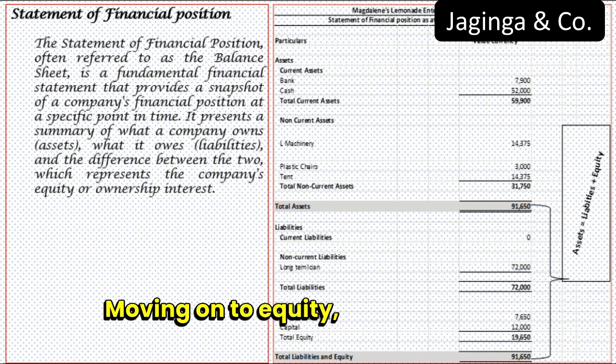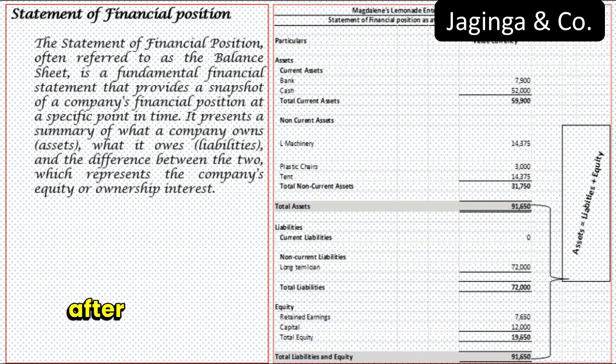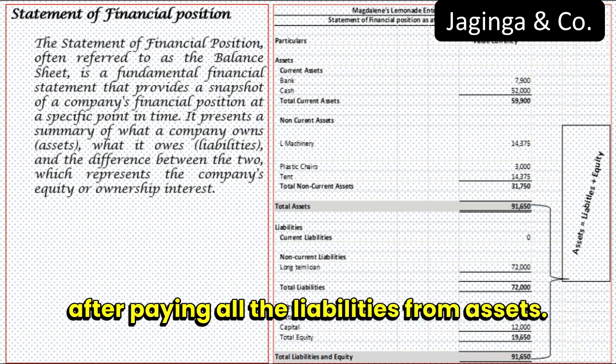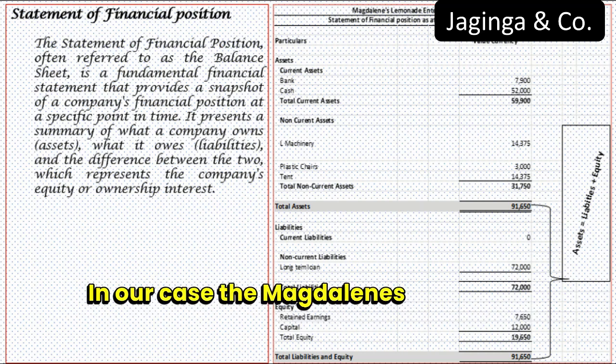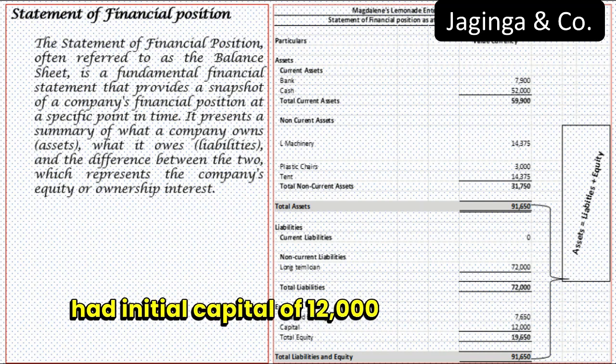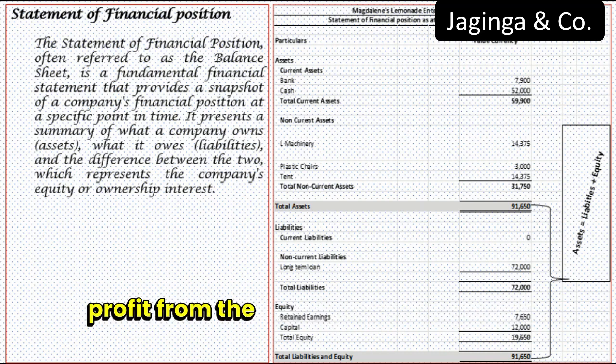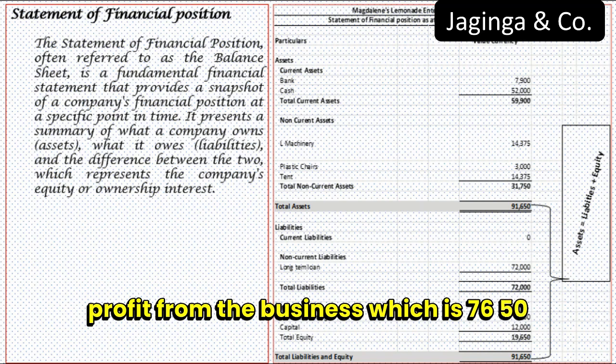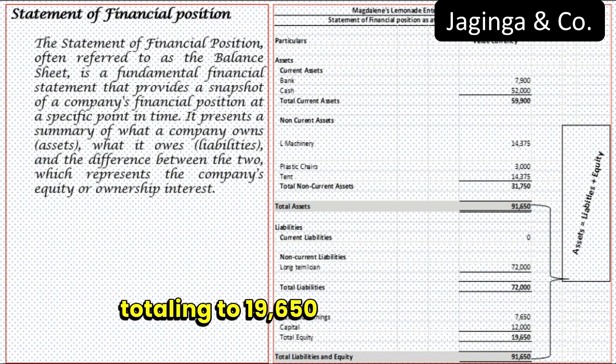Moving on to equity. We said equity is owner's capital, or what is left after paying all the liabilities from assets. In our case, the Magdalene's Lemonade Enterprise, we had initial capital of $12,000 and again, the profit from the business, which is $76,550, totaling to $19,650 as total equity.